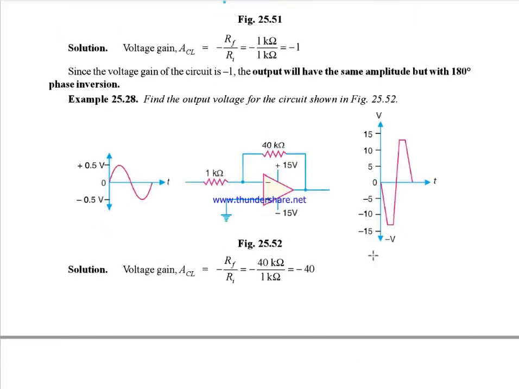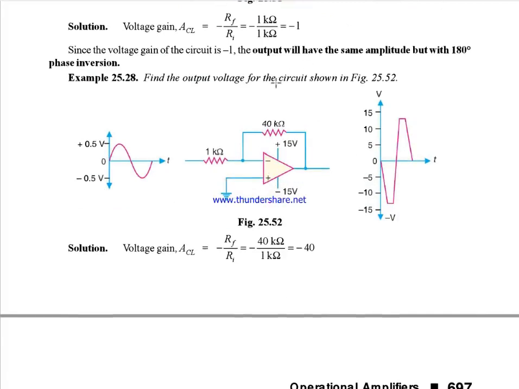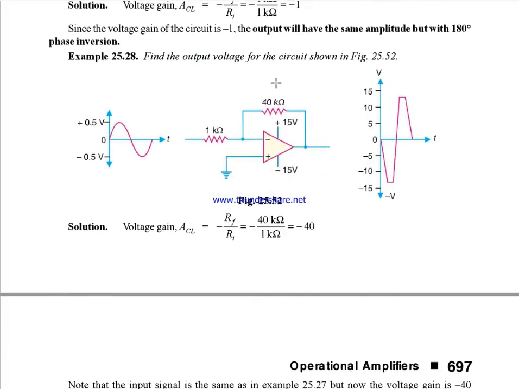Clear? So the next problem is find the output voltage for the given circuit. And here the input voltage is 0.5 positive and 0.5 negative. So it is actually 1 volt. So we are applying a 1 volt AC signal to the inverting amplifier.